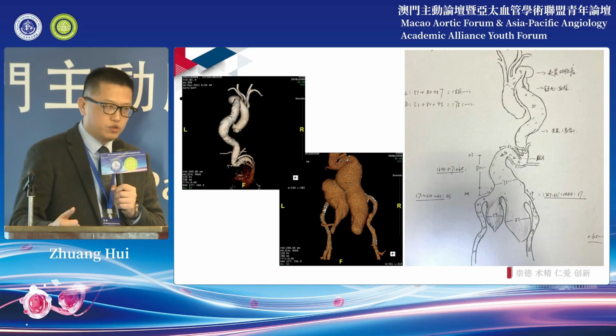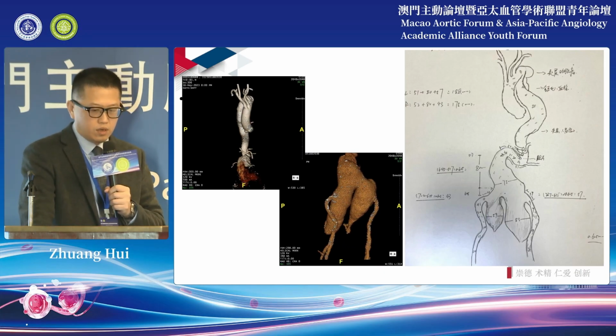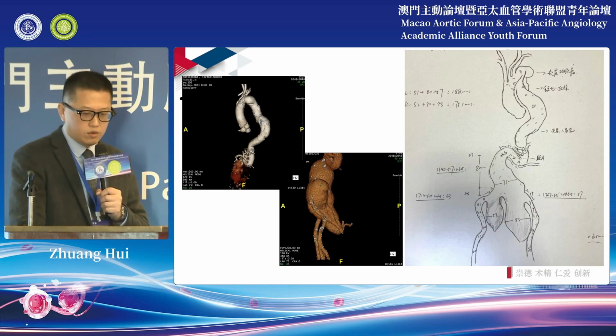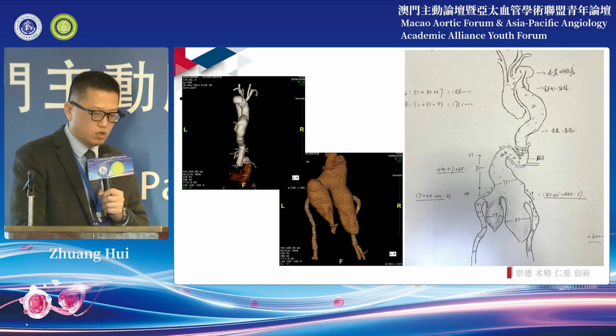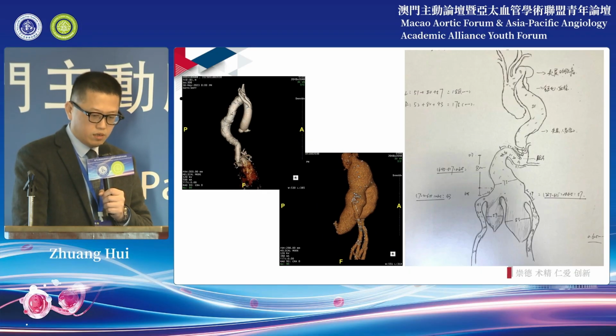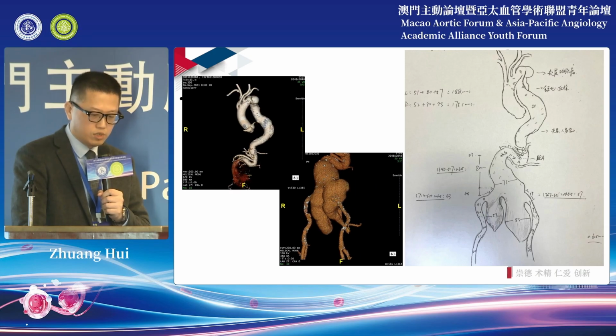When we push it, maybe it'll cause a tear of the vessels, maybe cause some shock, and you also get a very tortuous neck anatomy. And also you will see a very huge internal iliac artery aneurysm.